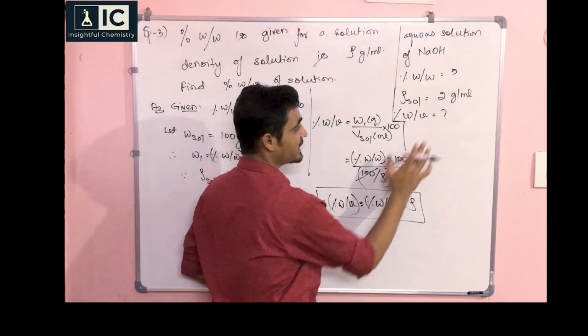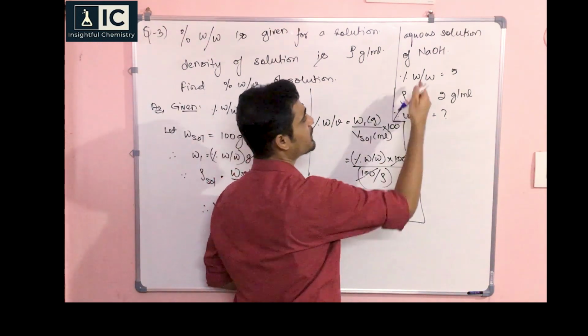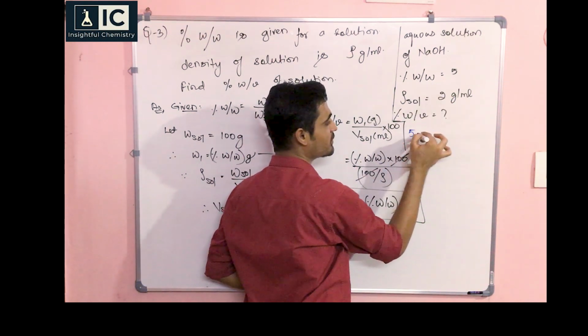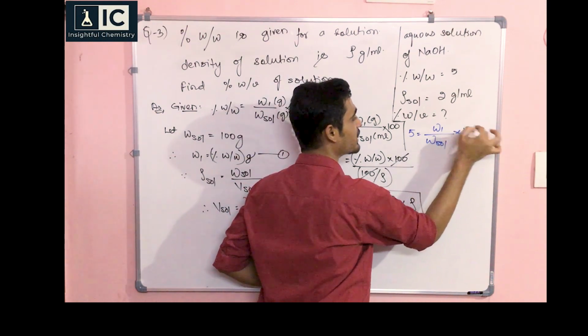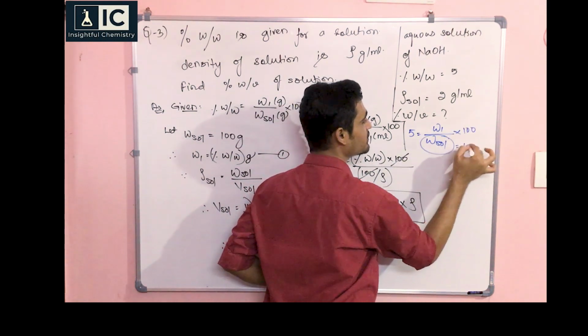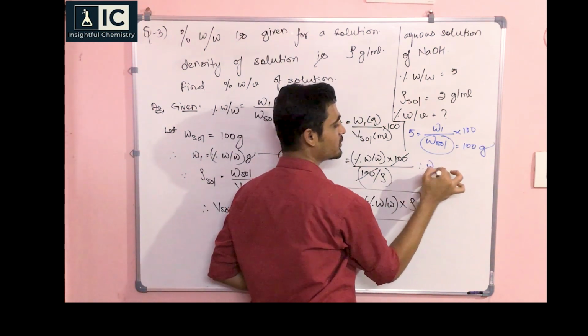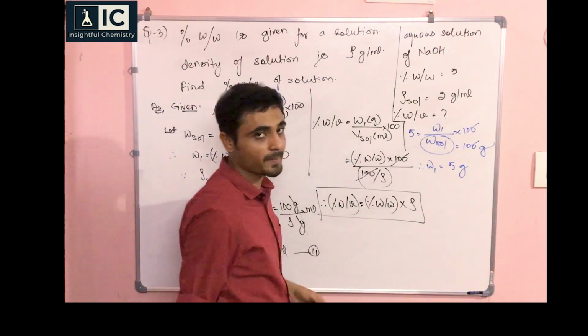Now if I solve this one, how will we do it? For percent W by W, first you should know the definition: percent W by W will be equal to weight of solute upon weight of solution into 100. I'll take this equal to 100 gram. Therefore W1 is equal to 5 gram, because 100 and 100 will get cancelled.